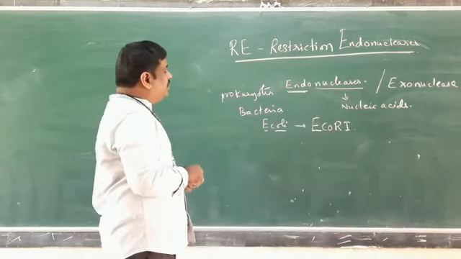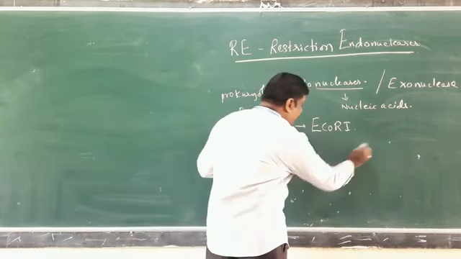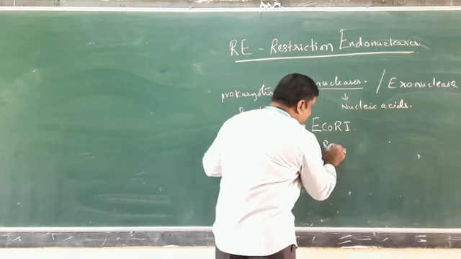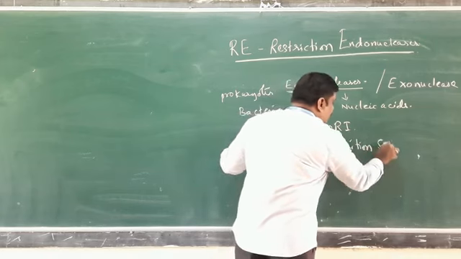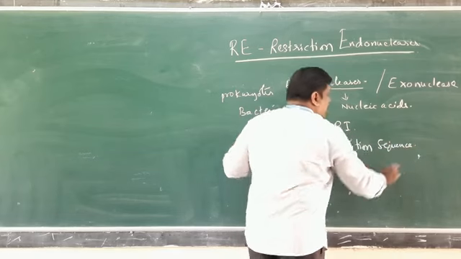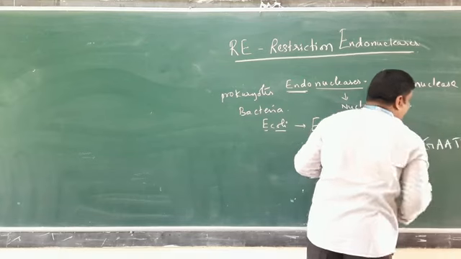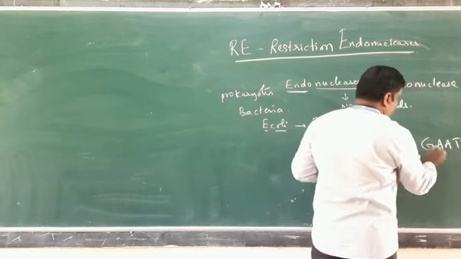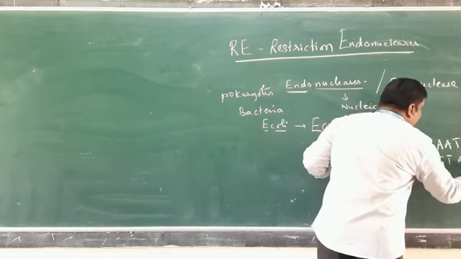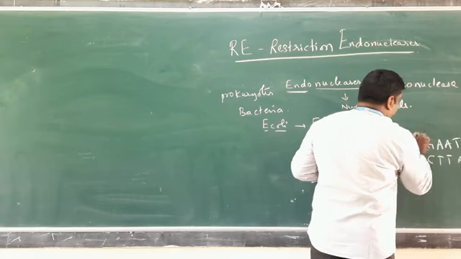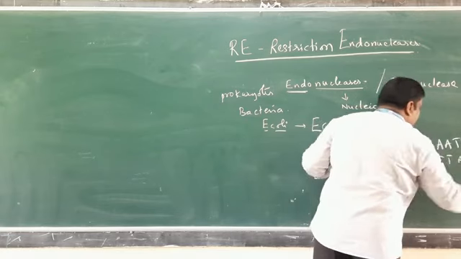EcoRI restriction endonuclease has a recognition sequence, that is GAATTC. The complementary sequence is CTTAAG, with 5 prime and 3 prime ends running in opposite directions.